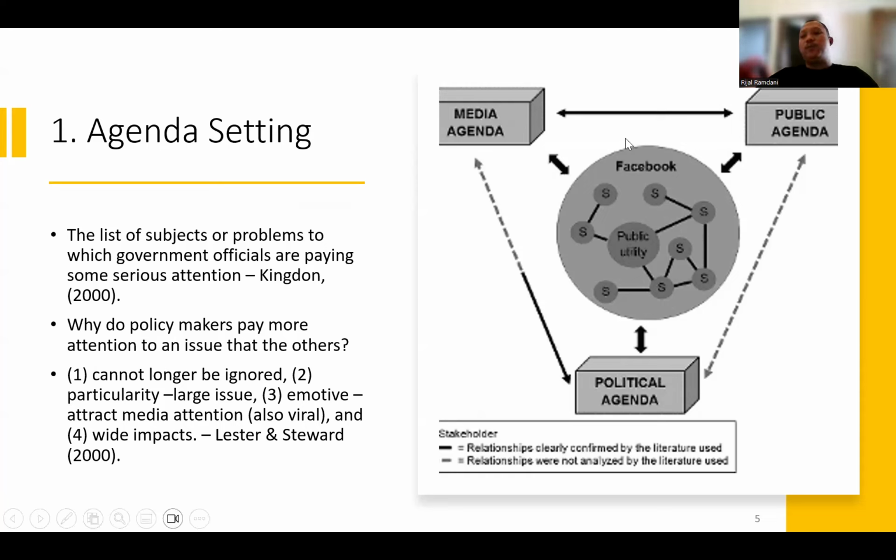So if you want to put your political interests toward an issue within the society, you need to work with the agenda setting, media agenda, and then once it becomes news viral, for example, through social media, it will become public agenda. Once it becomes the public agenda, it will become political agenda discussed by the government, and the government will make the intervention. Okay, this is how we can understand the agenda setting.